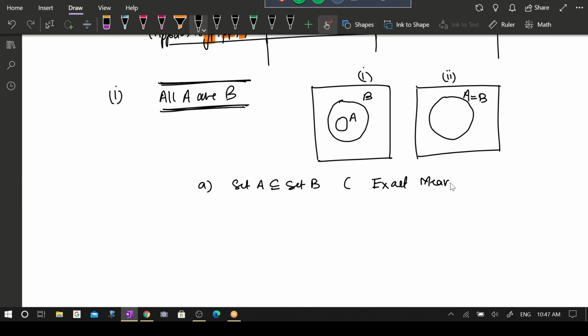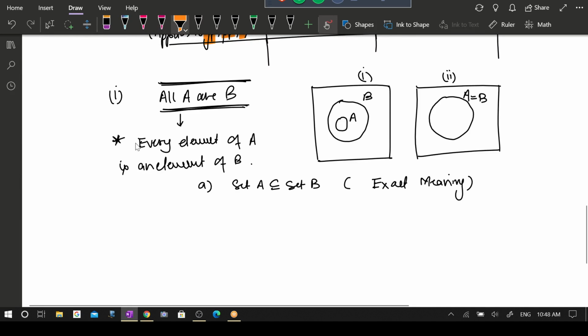All A are B means every element of A is an element of B, and it is not talking about any number of elements of A. To be very frank, picture 1 and picture 2 definitely signify that every element of A is an element of B.